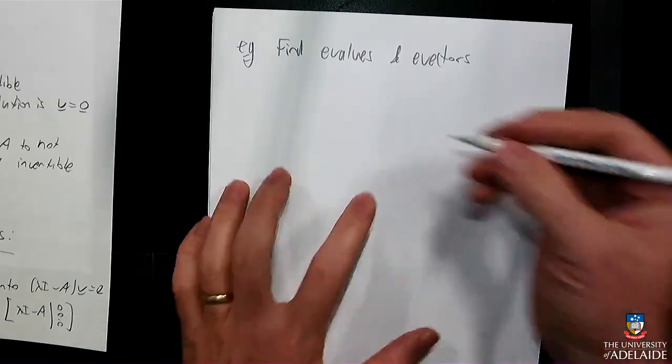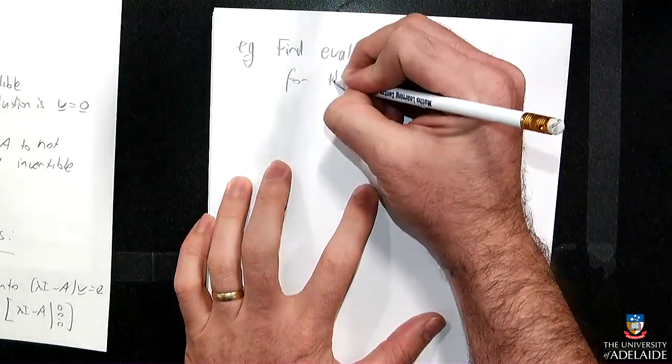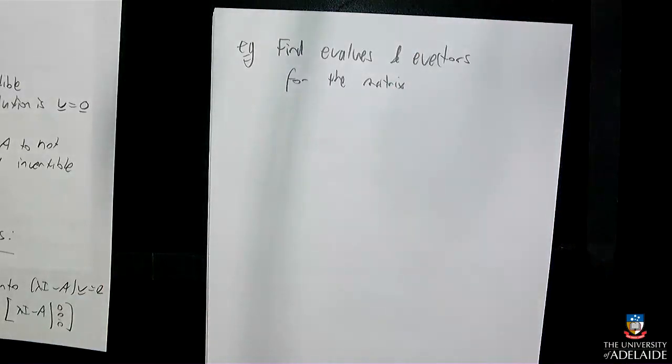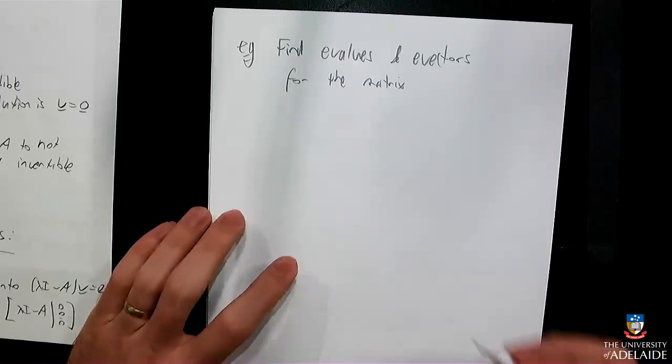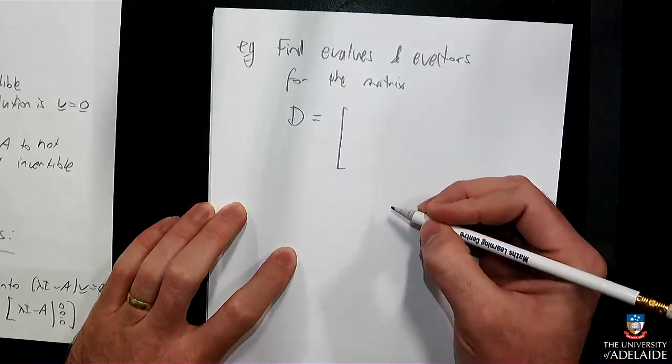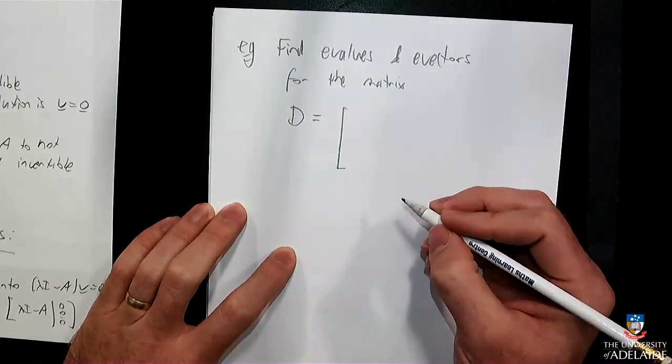Okay, so find the eigenvectors for the matrix. And I've got a really good matrix that I was looking at on the weekend. It is called D. It's not a diagonal matrix. I'm sorry, that's just the way it is.